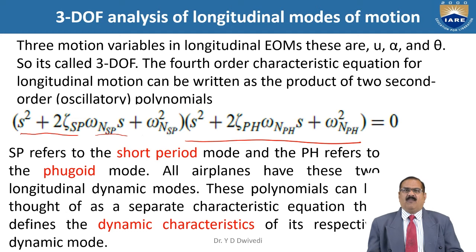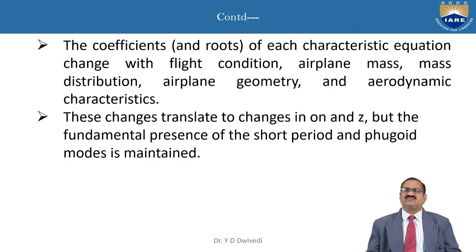These polynomials can be thought of as separate characteristic equations that define the dynamic characteristics of their respective dynamic modes. The coefficients and roots of each characteristic equation change with flight conditions: airplane mass, mass distribution, airplane geometry, and aerodynamic characteristics.